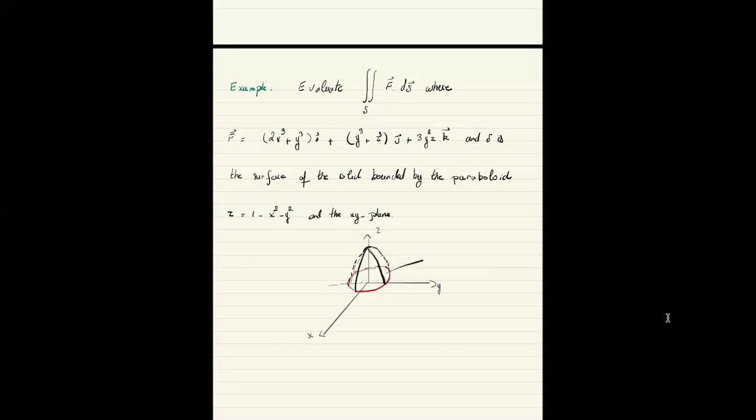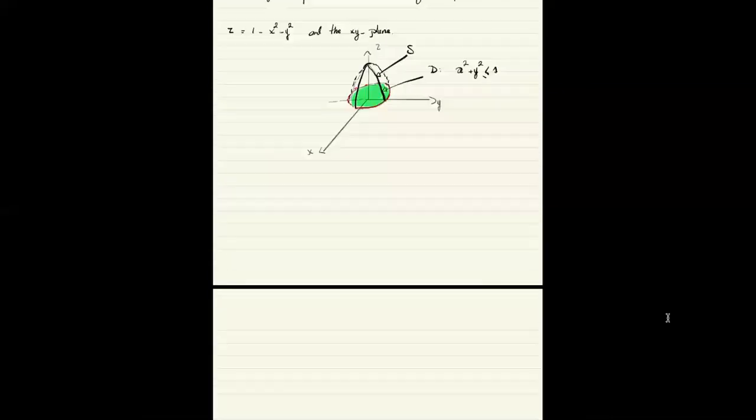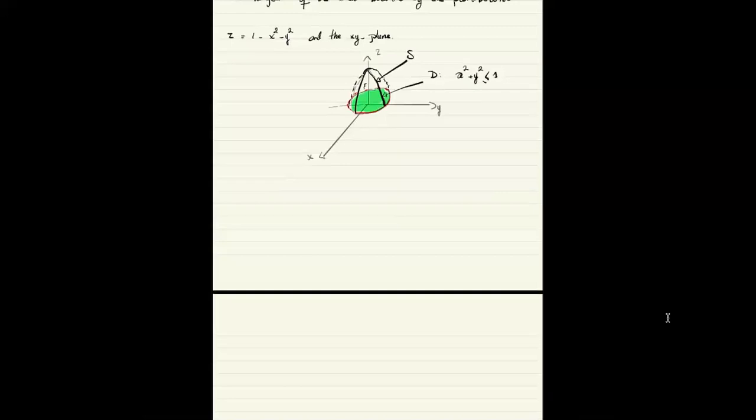And so when you project, it'll give you the region D, which is x squared plus y squared less than 1, right? So this is the region D, and then we have the surface S, given by the paraboloid. And then we have the region E that is inside, okay?